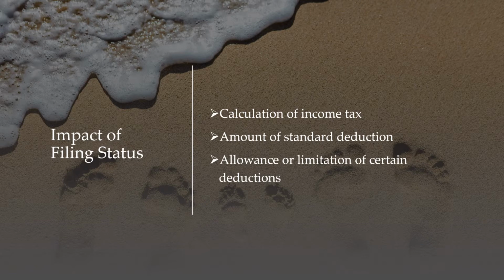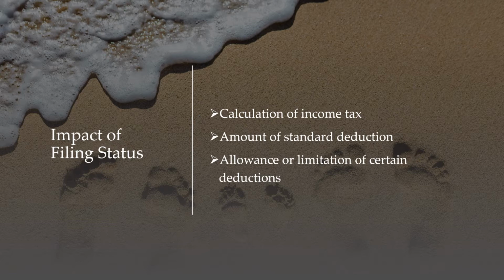Now you might be wondering, why is this filing status thing getting so much attention? Why are we putting so much weight on it? And why are those little check boxes at the top of the form, even before the taxpayer's name and social security number? Well, that is because the filing status leaves a huge footprint on the return.